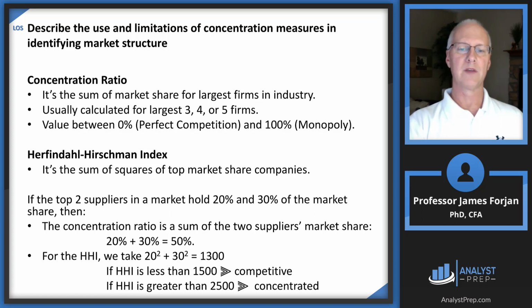If the index is less than 1,500, we pretty much conclude that it is a competitive industry. If it's greater than 2,500, we pretty much say that that's a concentrated industry.